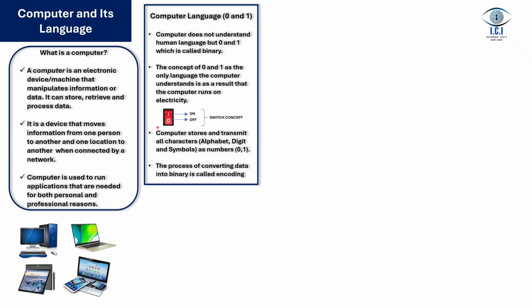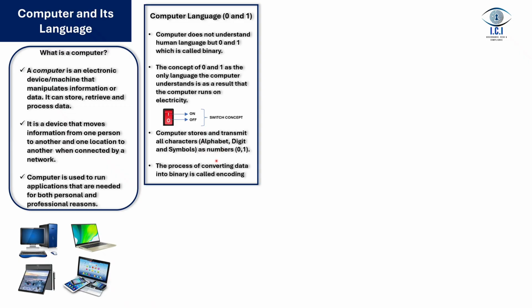So we can conclude with the switch concept, because as we progress in our tech journey, we will be seeing a lot of 0s and 1s. In fact, when we start dealing with other topics or sections in technology, you will come across many 0 and 1 topics. So we have to understand where this is coming from.